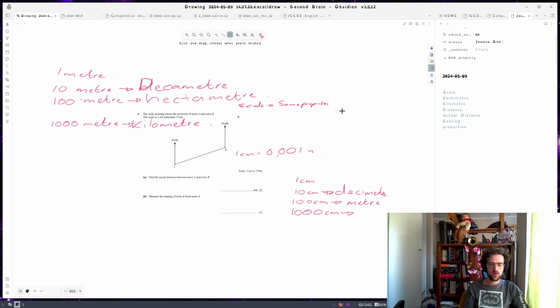So we get to this and we're like, oh my gosh, 1 centimeter is 15 kilometers. So let's figure this out. If that is true, let's figure out how many centimeters is in 15 kilometers. I think that's a fair thing to do.